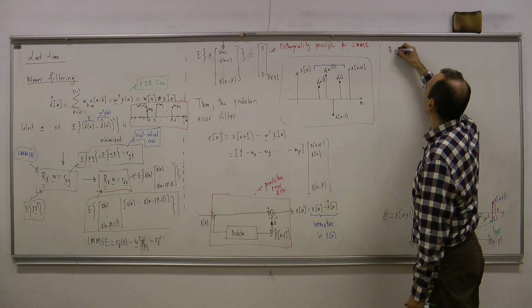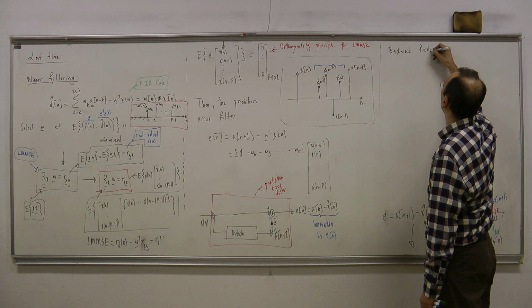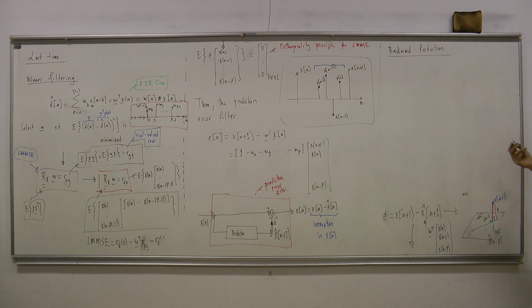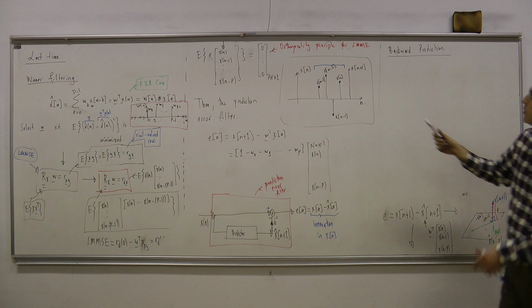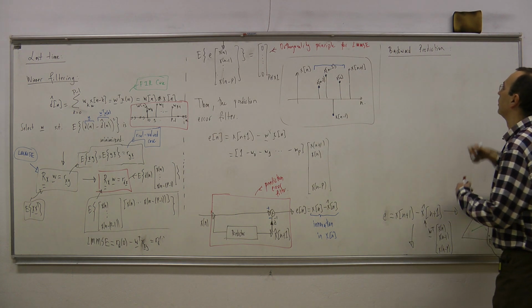Now we have backward prediction also. So what's backward prediction? I was using the samples in the history to predict x of n plus 1.